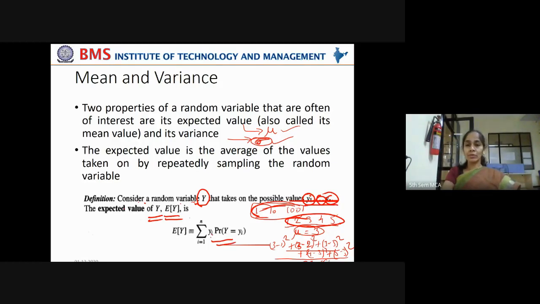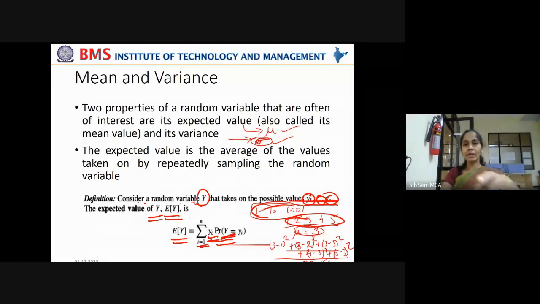multiplying the random variable's possible values by the probability of the random variable taking that value. Did you understand? The expected value of a random variable y, represented as E of y, can be calculated as the sum of, we are using sigma here, the sum of the product of the value of that random variable and the probability of that random variable taking that value.